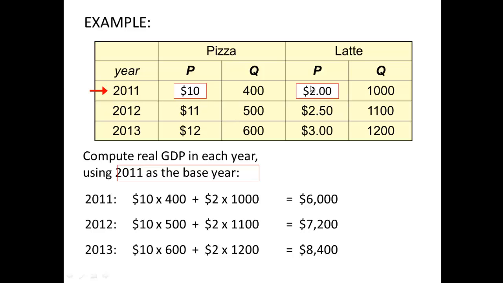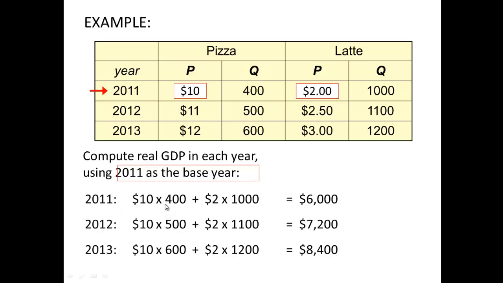And likewise for the lattes, $2 times 1,000 for 2011, $2 times 1,100 for 2012, and $2 times 1,200 for 2013. And when we sum the products, remember from math, add up the products, then we will get real GDP.